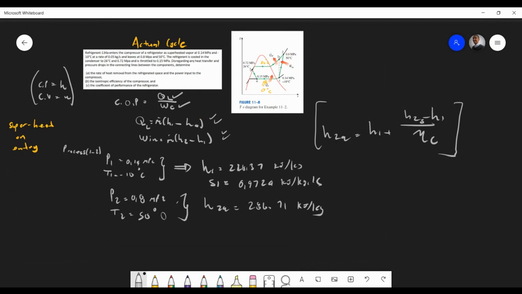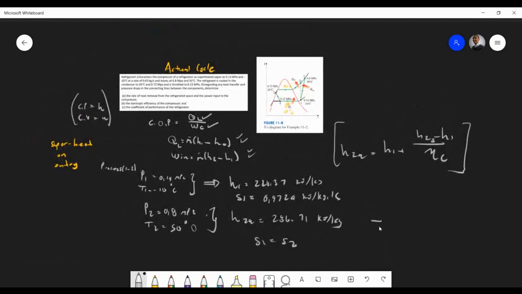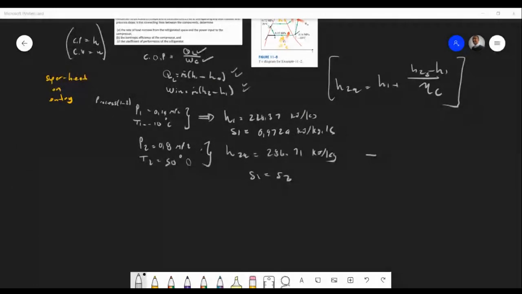And then obviously we know that S1 equals S2. Therefore, what you have to do is go to that pressure. I think this was done already, maybe in the previous example, or rather the one in the textbook. Then we can find H2S.